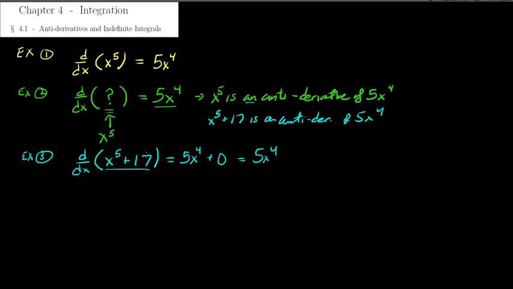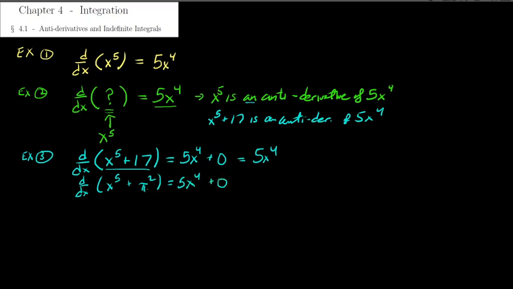Okay, and there's nothing magical about 17, right? I could have used any constant here. So the derivative of x to the 5 plus pi squared, where pi is a constant so pi squared is a constant, is also 5x to the fourth plus 0. Be careful you don't do 2 pi here.